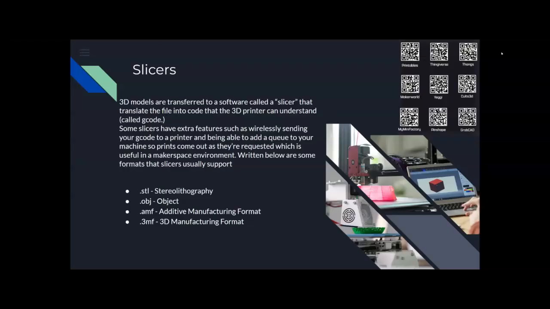There's a list of QR codes over here that are links to online libraries where people throw out their models, and you can download most of them for free. They're ordered by ease of access. The top 3 you can just download straight from the website. The next 3 you can download a few and then they make you register. And for the last few, you have to pay for some of them.